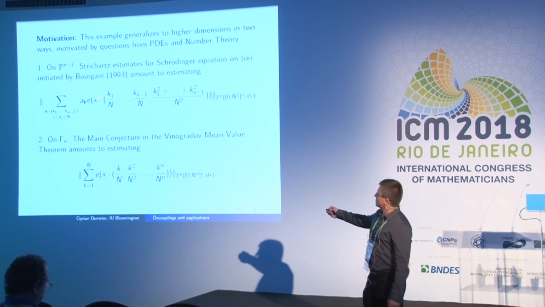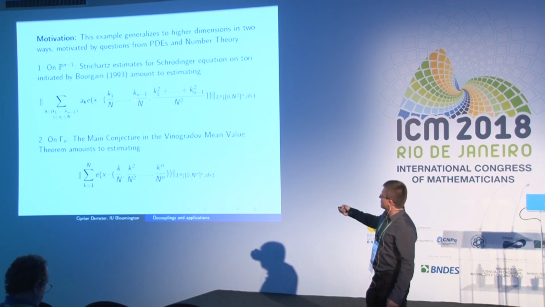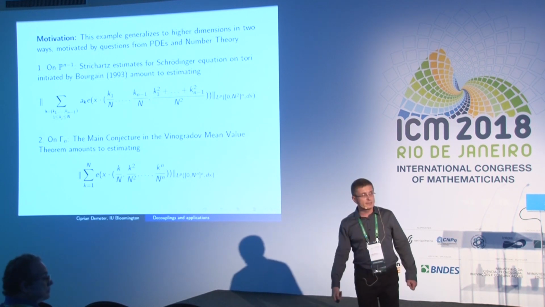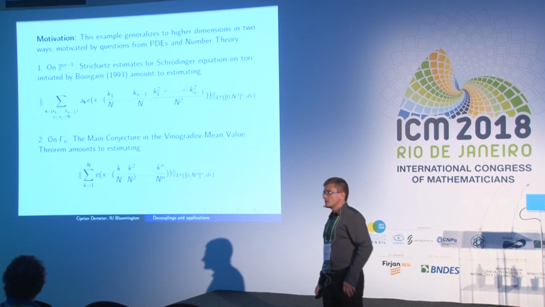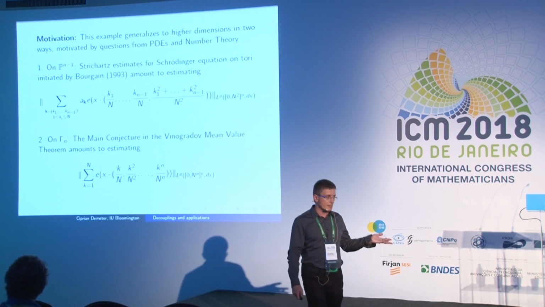Let's have a look at the first case. If you choose these lattice points, essentially it's a rescaled lattice that you have here, on the paraboloid, and you put some arbitrary coefficients a_k, then you end up with the so-called Strichartz estimates for the Schrödinger equation in the periodic setting.